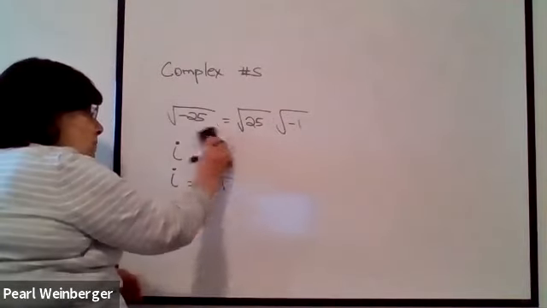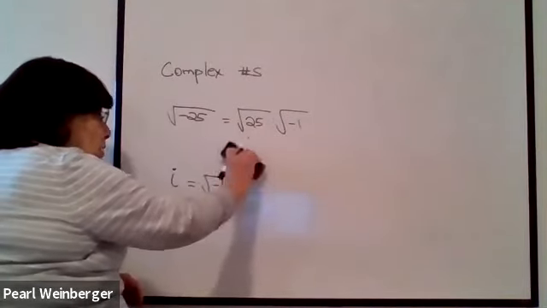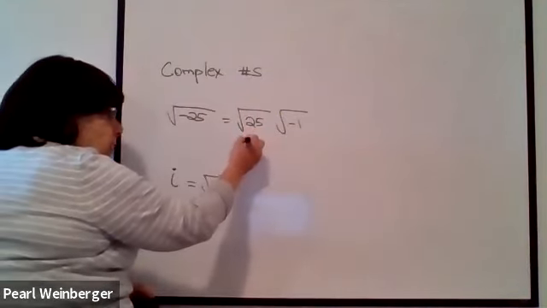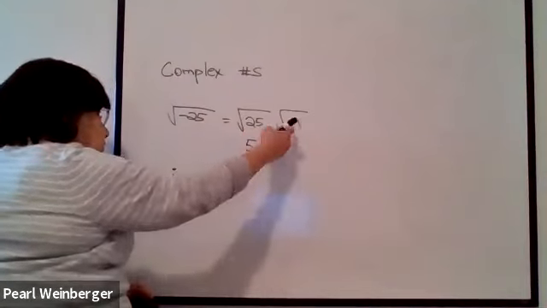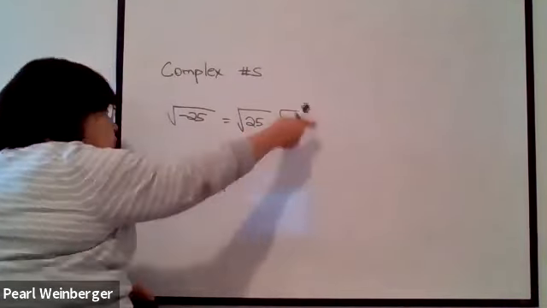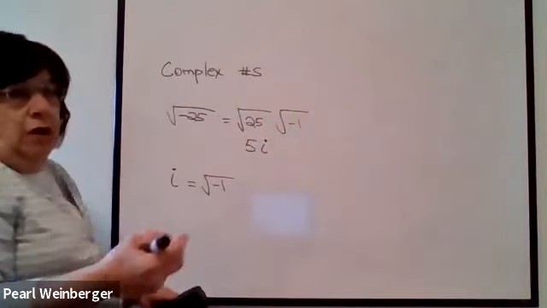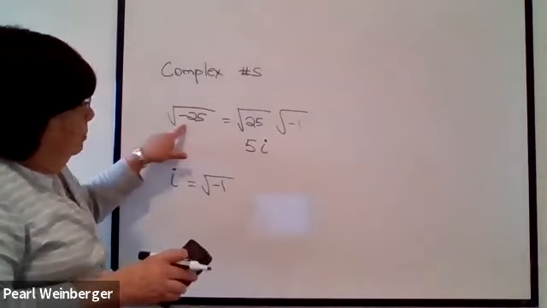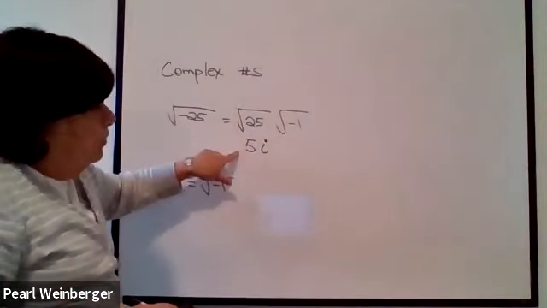Now, the square root of 25 becomes 5, and the square root of negative 1 is this new number i. In other words, I never work with the square root of negative 1. I immediately replace it with i, and the square root of negative 25 is 5i.